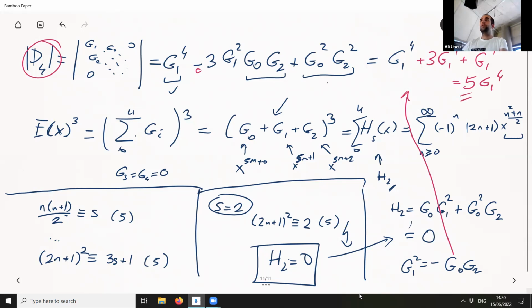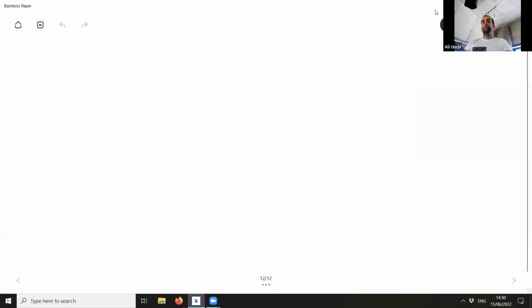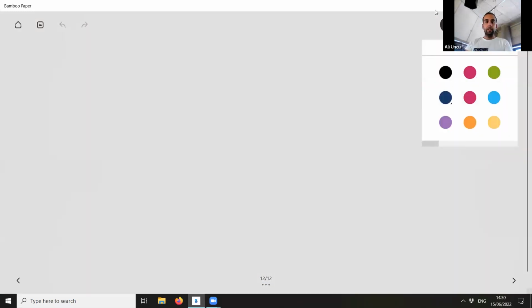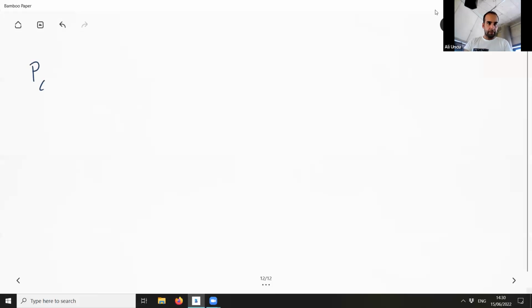So we get that factor of 5. Perfect. At the very end, now let's just combine everything that we know. This P4 that we were looking after was the determinant of D4, I wrote it interchangeably, but this is determinant D4 divided by the determinant of D. Now we know that the determinant of D4 is 5 G1 to the 4.